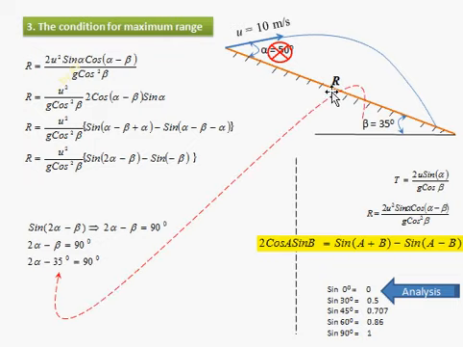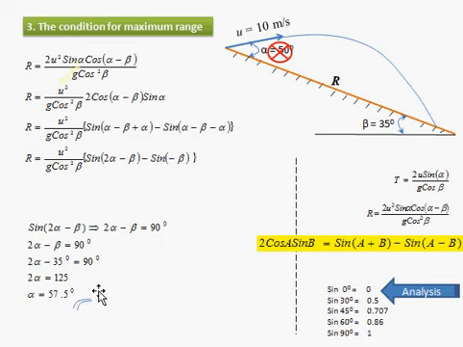We know the beta value is 35, and introducing that here, we can find alpha is 57.5. So we have found that instead of 50 degrees, if we use 57.5 degrees we will get the maximum distance covered by the stone. That is, instead of 50, the angle will be 57.5 in order to get the maximum distance.